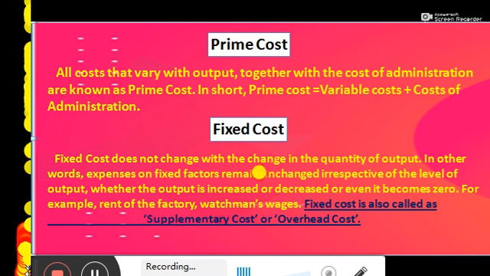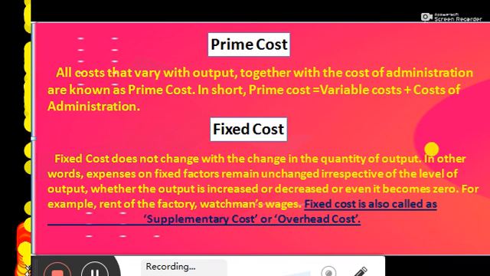And fixed cost. Fixed cost does not change with the change in the quantity of output. Even if there is no production, there is some cost. Production zero இருந்தாலும் கூட சில காஸ்ட் இருக்கும். அதுக்கு பேர் தான் ஃபிக்ஸட் காஸ்ட்.